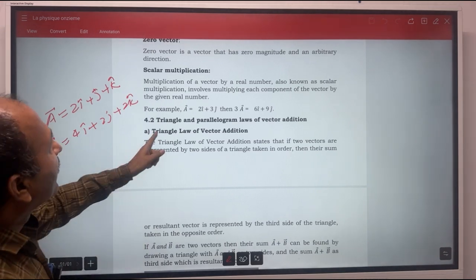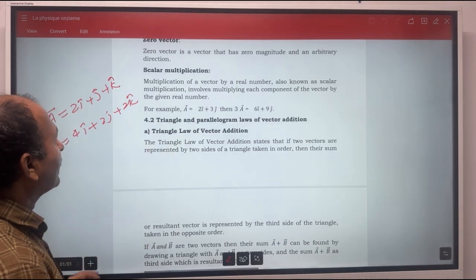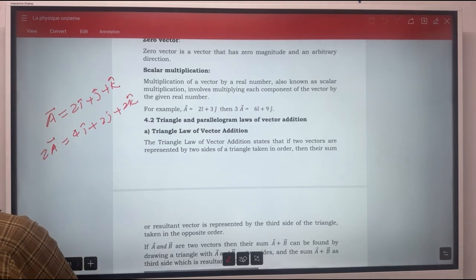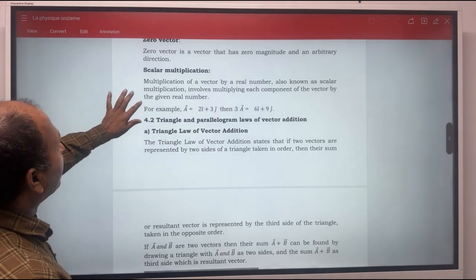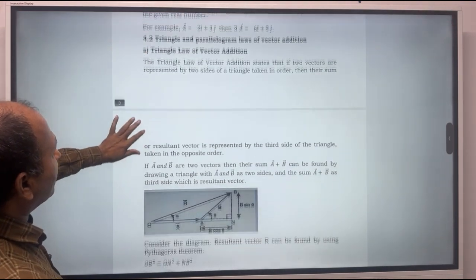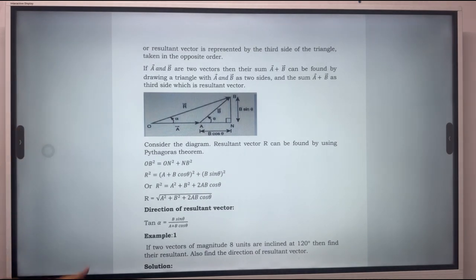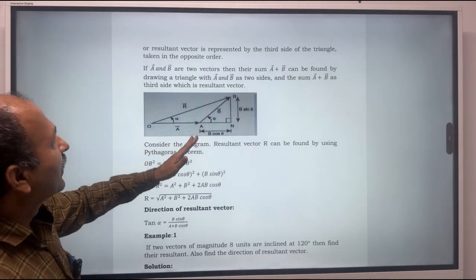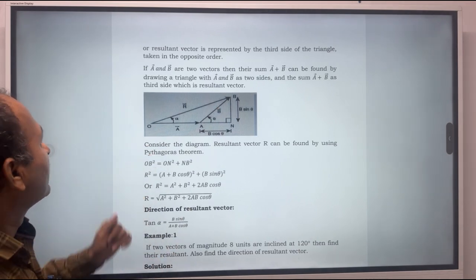Now, triangle and parallelogram laws of vector addition. We are going to see how to add the vectors by using triangle law or parallelogram law. Here, this is one vector and this is another vector. We have to find out its resultant.